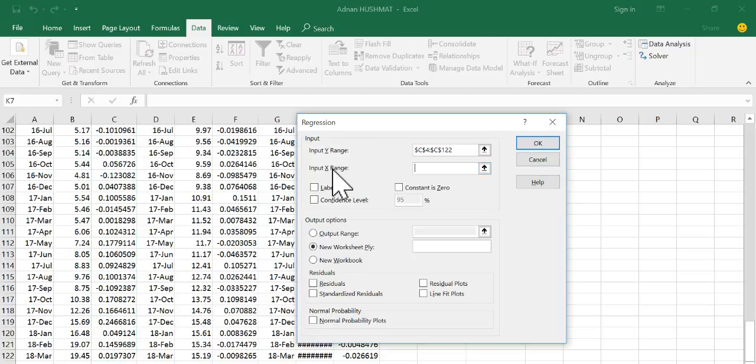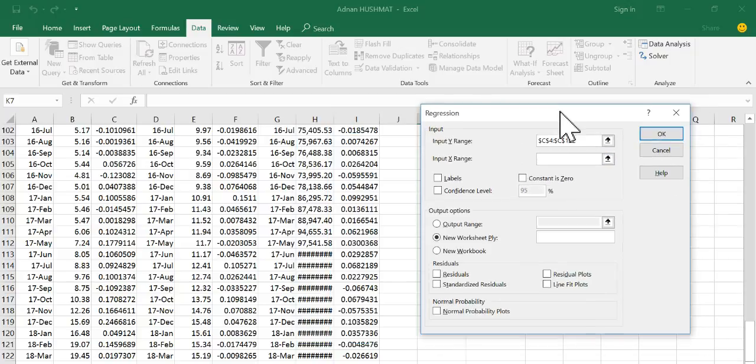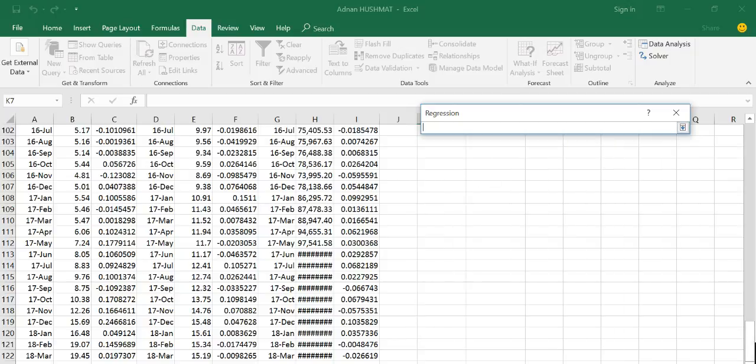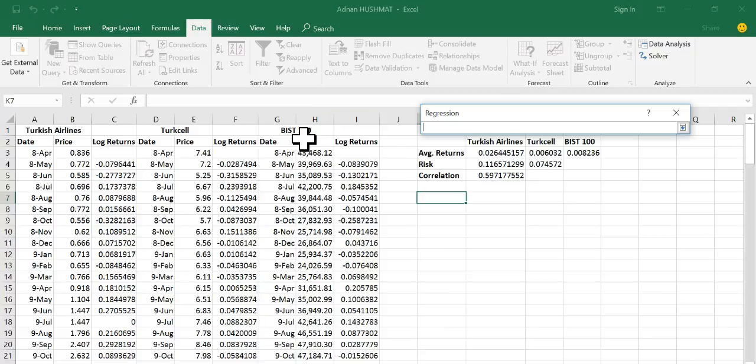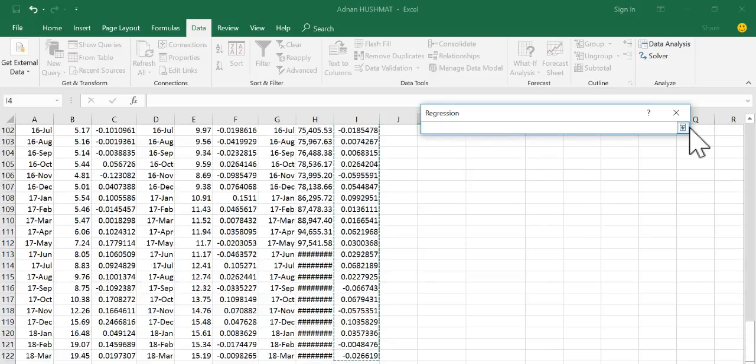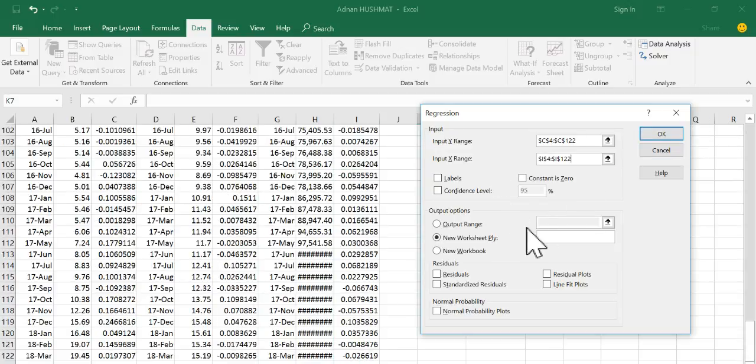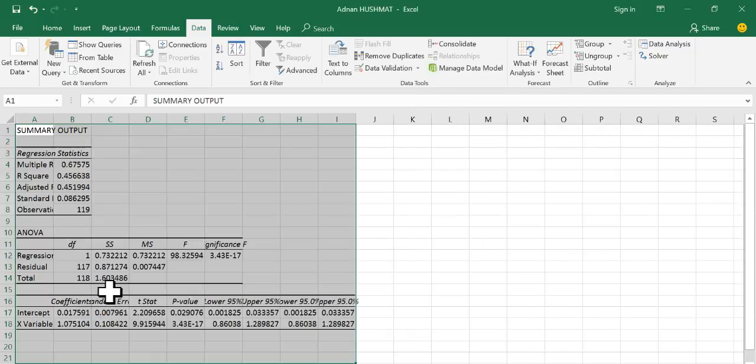I click here again. Here I need to select the Input X range. X, the independent variable, is the market returns. So I click this one and go up, the market returns are here, the log returns based 100. I click here, press Control Shift Down, that's it. Then you just press OK. It will give you the results in a new sheet.